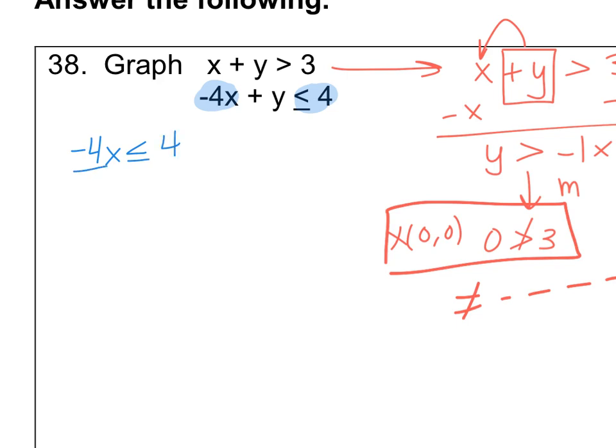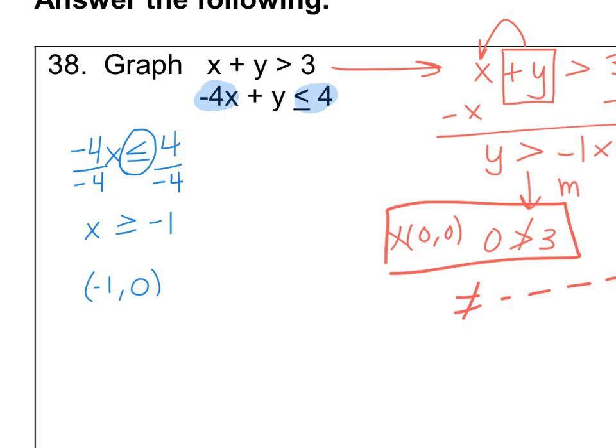I would divide both sides by negative 4 to get x by itself. But since I'm dividing by a negative, I am going to flip that sign. So it'll be x is greater than or equal to negative 1. That means I'm going to have the point negative 1, 0 to plot on my graph.